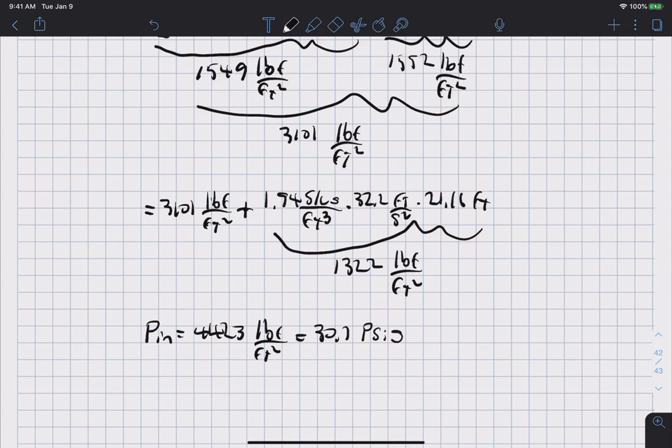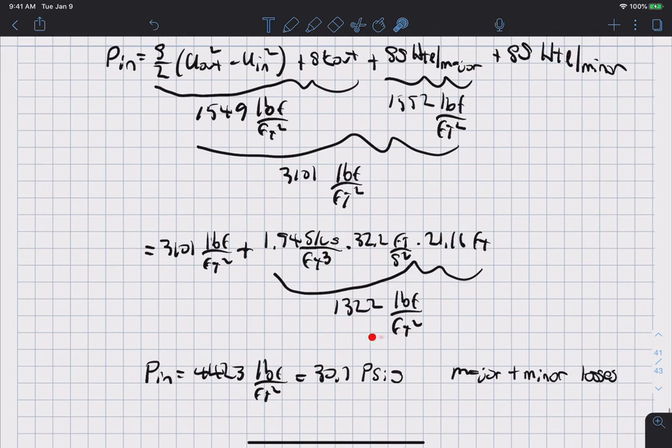That's the major plus minor losses. So the minor losses are not so minor in this case. If you included the minor losses only and neglected the major losses, again, you would about double the pressure that is needed to drive the flow.